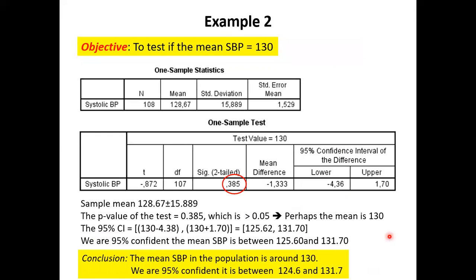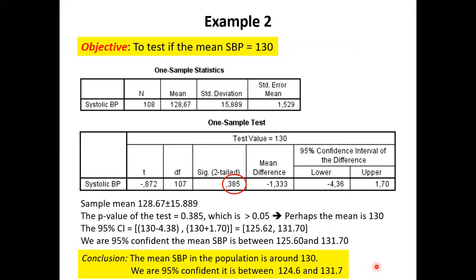This example, asking whether the mean is 130, the p-value is more than 0.05. 130 falls inside the interval. That means it is possible the mean is still 130. All right. So that's one sample t-test.